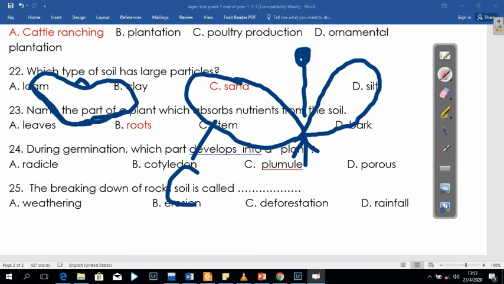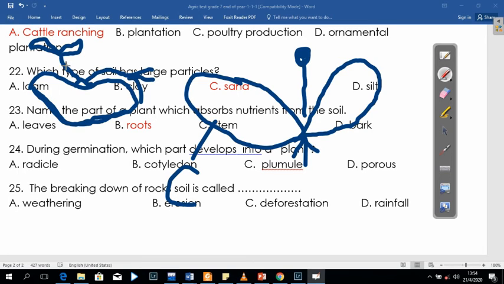This is a bean seed, right? When germinating, there is something which grows going up and something which grows going down, like that, right? We have to know that. And this one which goes up develops into a plant, and this one which goes down develops into roots, right?